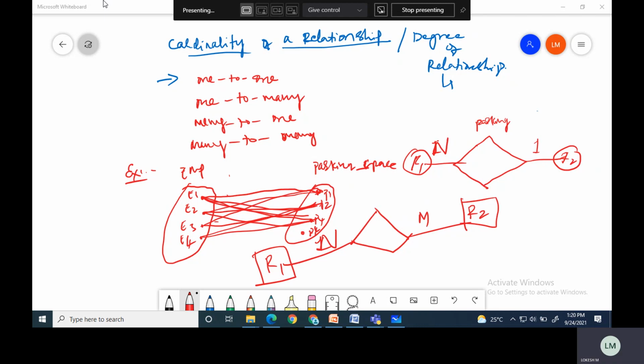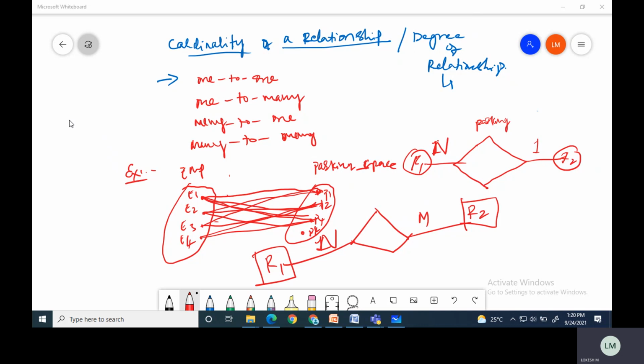Just I'll write it and show you how many to one exists. Many employees are working in a single organization. Let us take this is Infosys. Employee 1, employee 2, employee 3, employee 4, all are working under the same company.